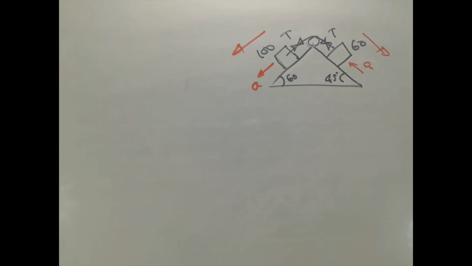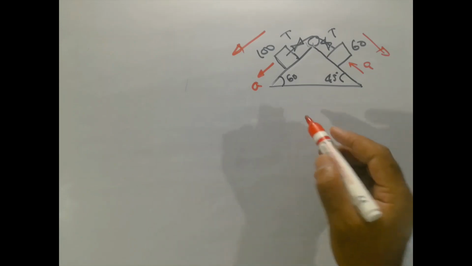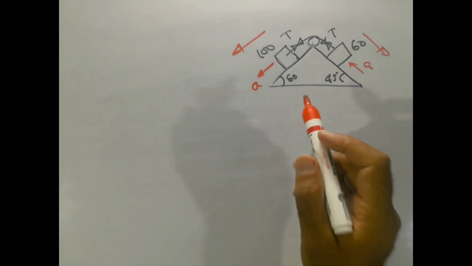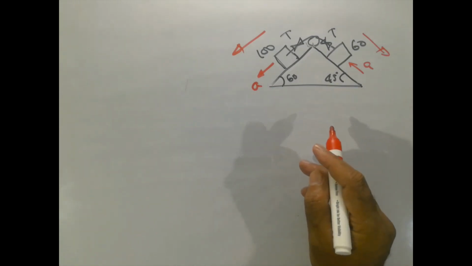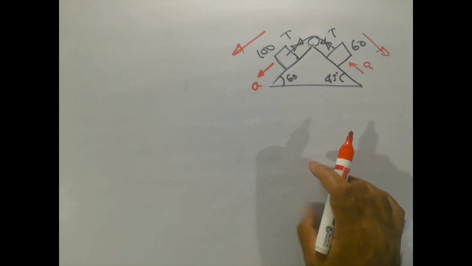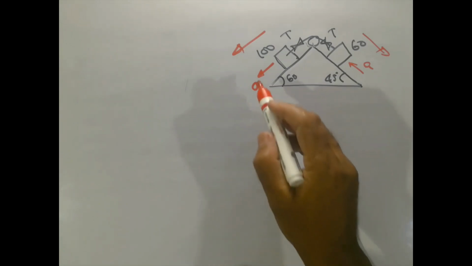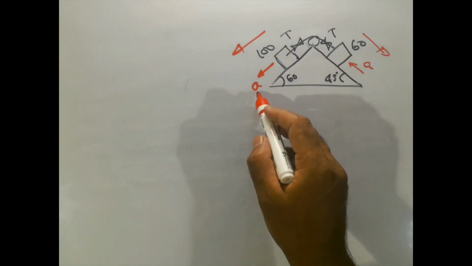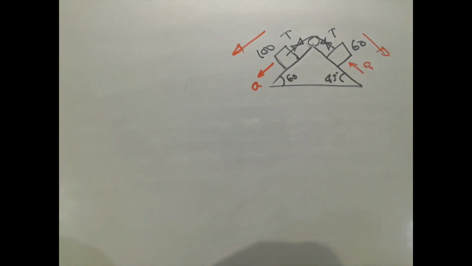To solve it, we will consider each block separately, draw the free body diagram, and form the equations. Then we will get two equations in terms of T and a, and solving those two equations gives the required quantities.